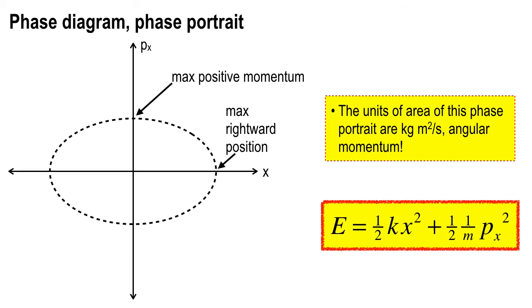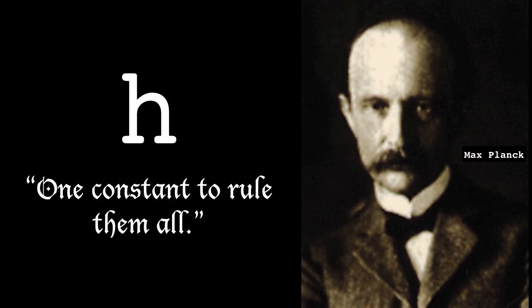But yeah, angular momentum is important for this. And why is phase space in units of angular momentum? Well, Max Planck, Planck's constant. Are you getting the idea that Planck's constant is important? I didn't talk about it at the bottom of the mountain, but I'm talking about it more and more as we go higher and higher, deeper and deeper into the semester.